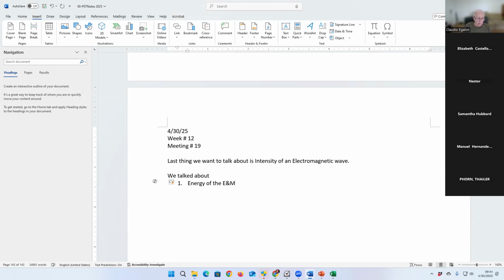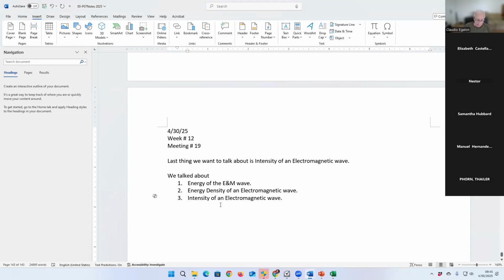Let's put electromagnetic wave, right? We talked about energy density of an electromagnetic wave, and now related to energy density is the concept of intensity of an electromagnetic wave. It's a very important concept that we see almost everywhere, okay?